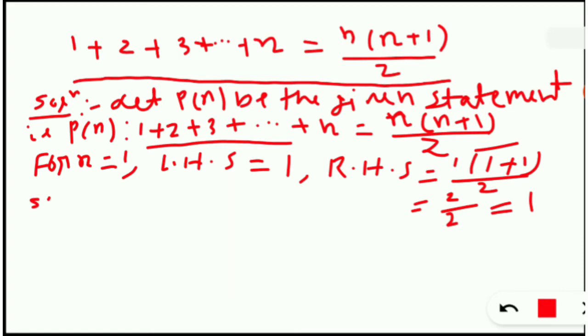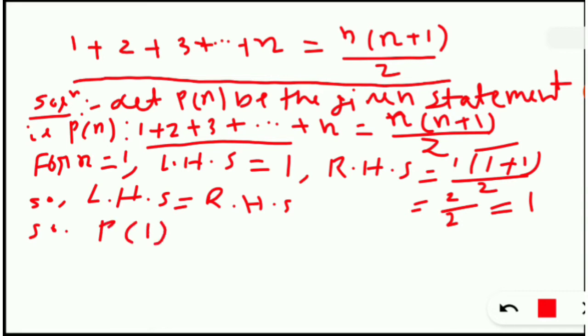So the left hand side equals the right hand side. Clear? So P(1) is true. So condition 1 is satisfied.